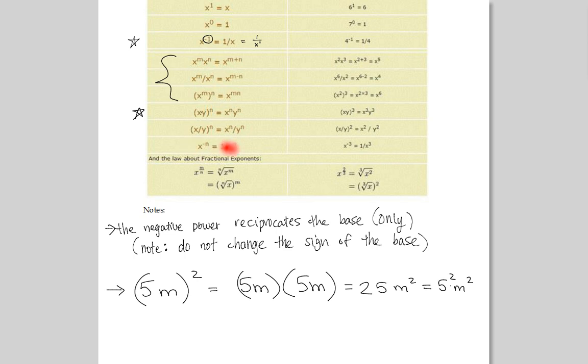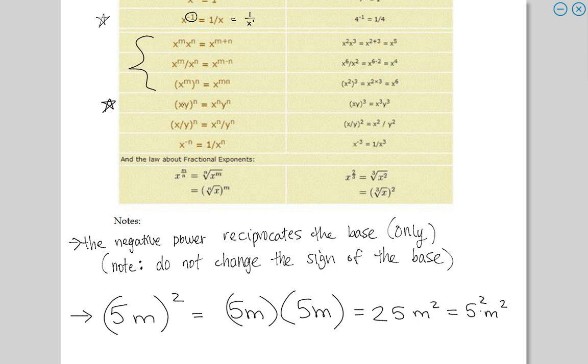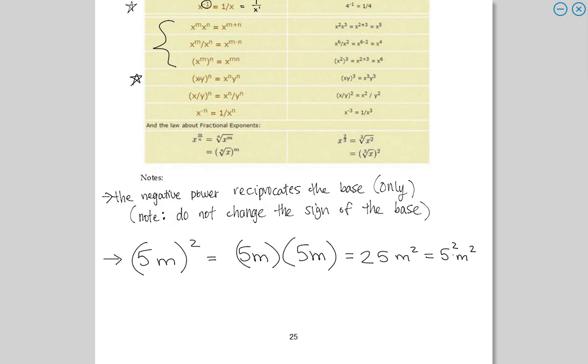So the next one is the negative exponent, which we talked about briefly up here. Basically, whatever this negative power is, you can just take it to the denominator and switch the sign. So we'll put a little note on that one as well.